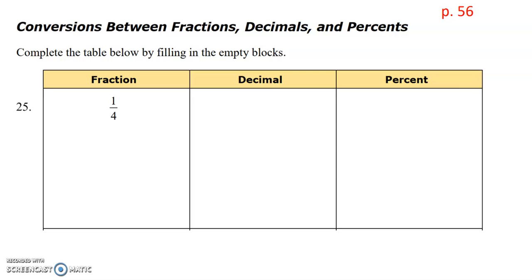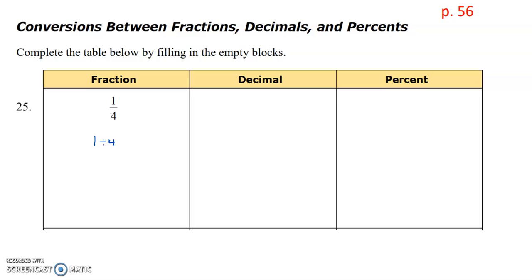Sometimes it can feel a bit overwhelming when you look at a table like this where we have to convert from fraction to decimal percent or decimal to percent and fraction. So let's do the first 3 together, and then you can try the rest of the exercise. When you have a fraction and you want to change this to a decimal, you're going to remember to divide numerator divided by denominator.